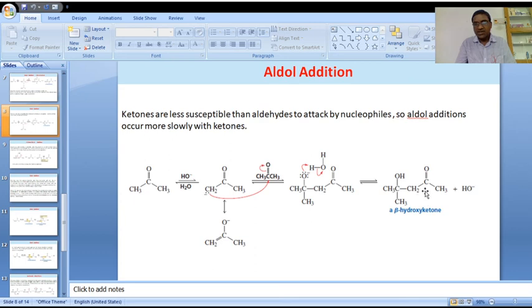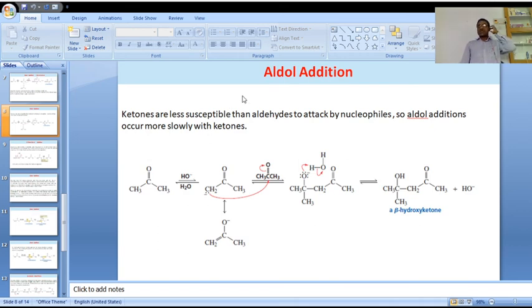On the alpha carbon there is a ketonic functional group. On the beta carbon there is a hydroxy function, so the product is called a beta hydroxy ketone. Is it clear?